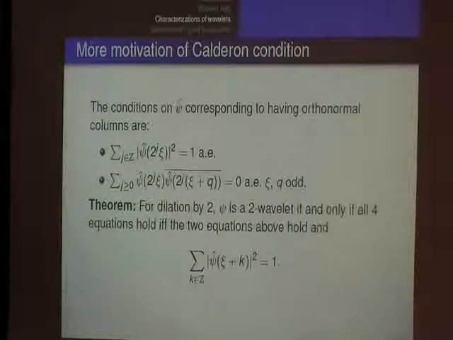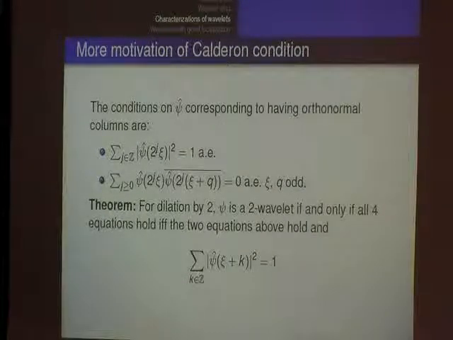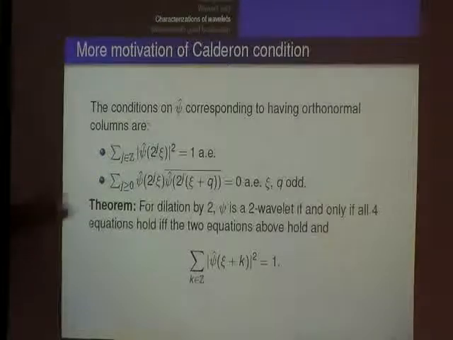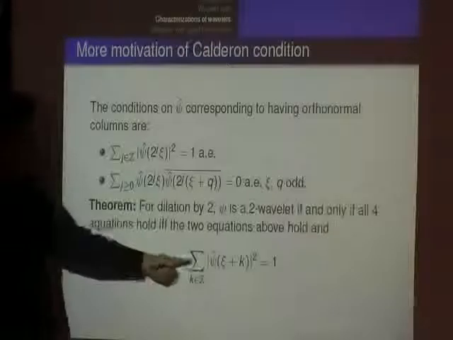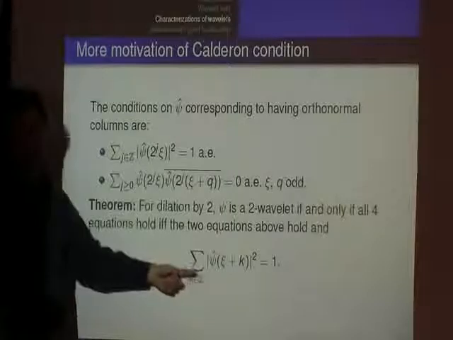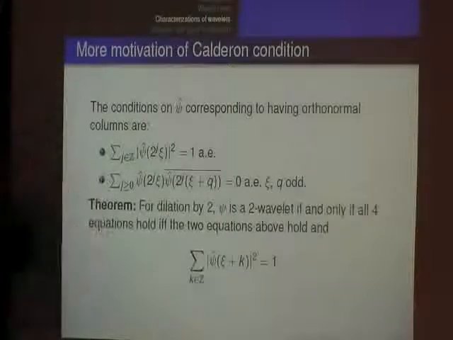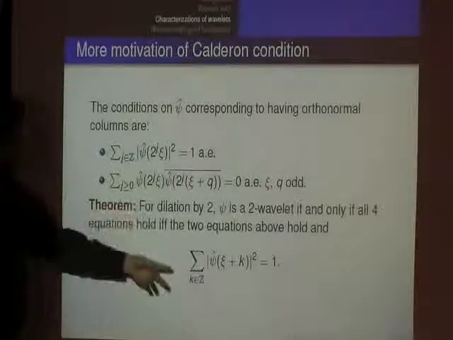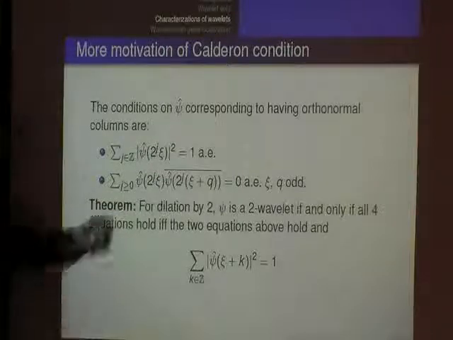So these are two more conditions that have to be satisfied in order for a function to be a wavelet. And in fact, it's enough to know that these two conditions hold, and only one of the third, for example. There's a lot of stuff about this, but this is where I was headed.